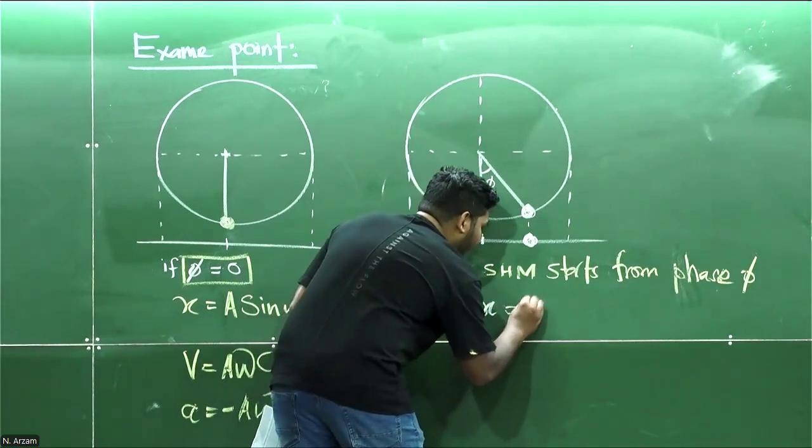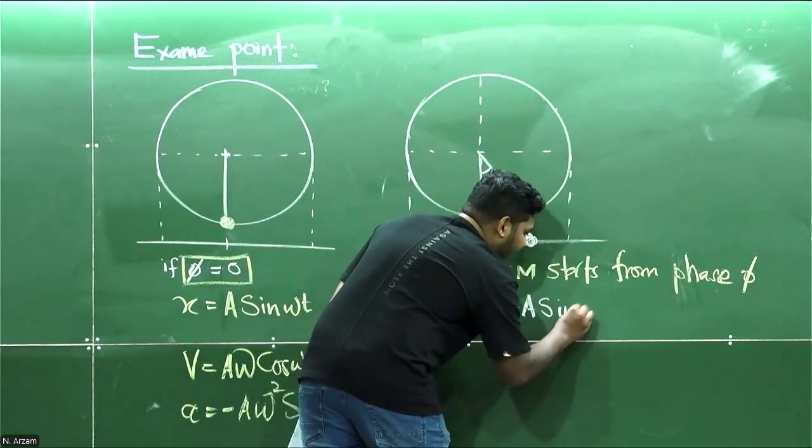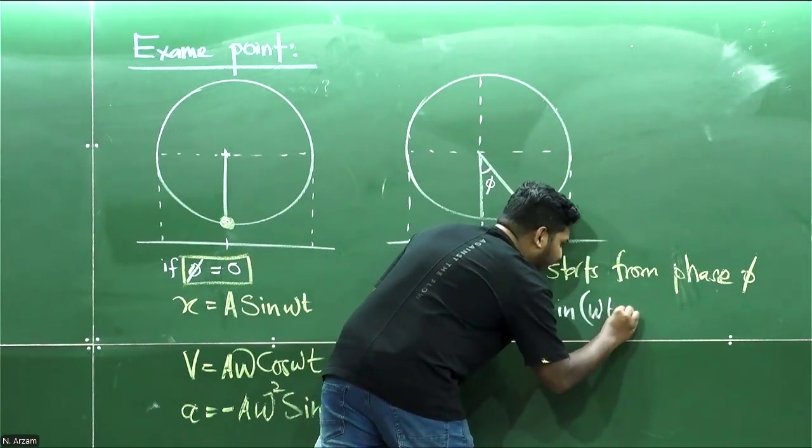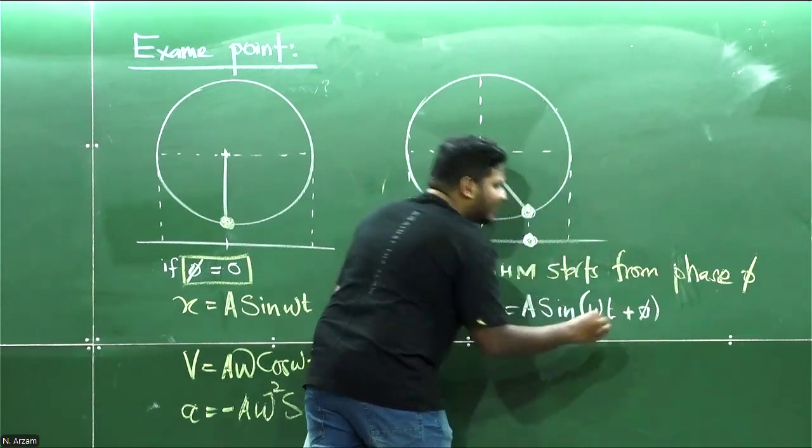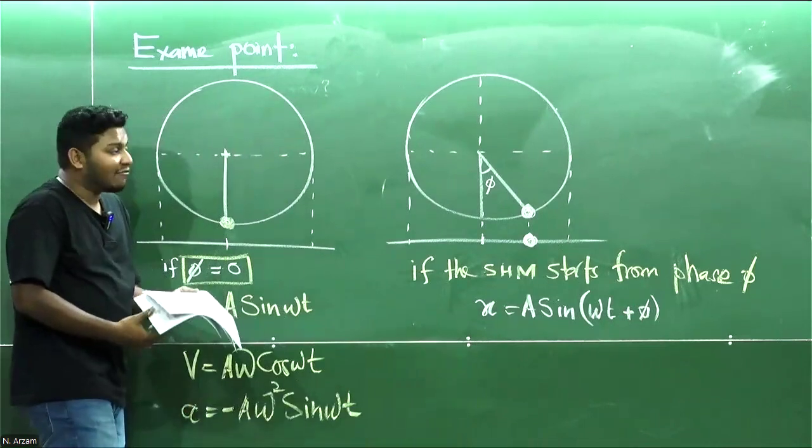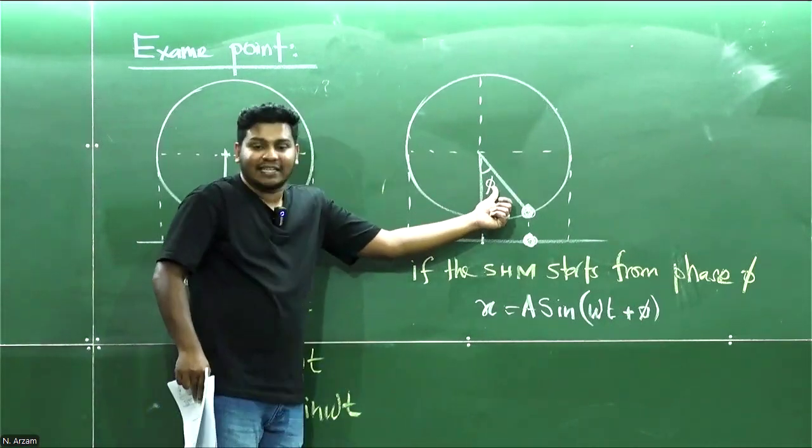X is equal to A sine omega t plus phi. We need to add this angle.